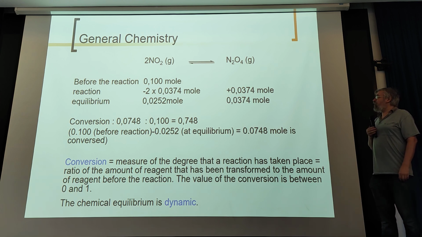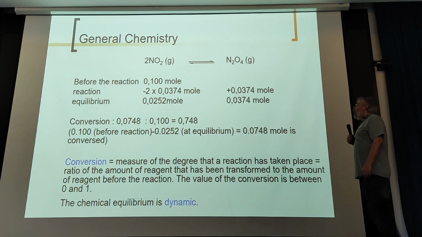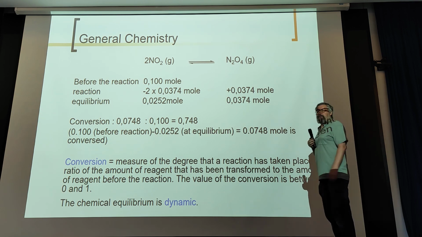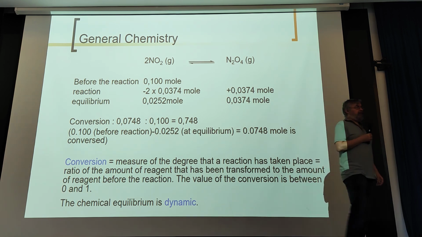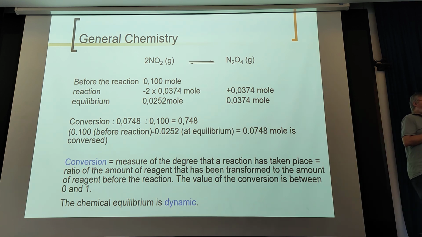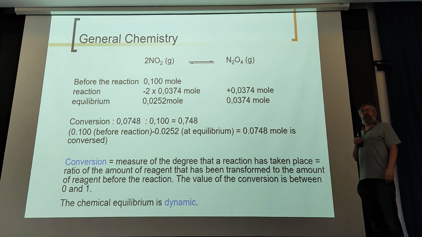During the reaction, actually, 37.4 millimole of N2O4 is formed, and we need 2 NO2s to create 1 N2O4. So we need 2 times that amount of mole. That means we get 25.2 millimole of NO2 that is left behind, and we get 37.4 millimole of N2O4.